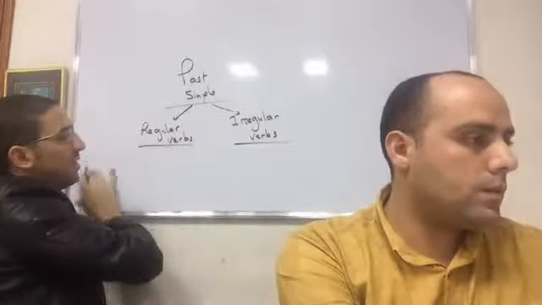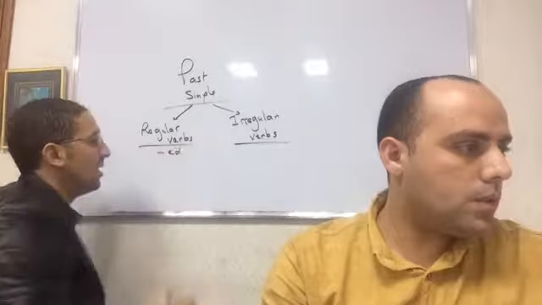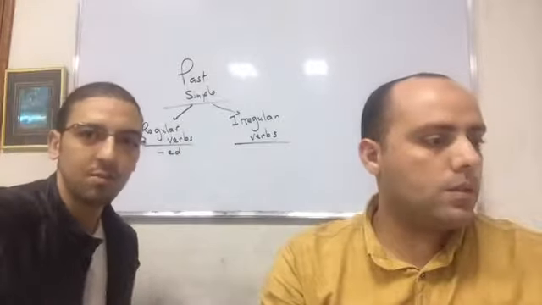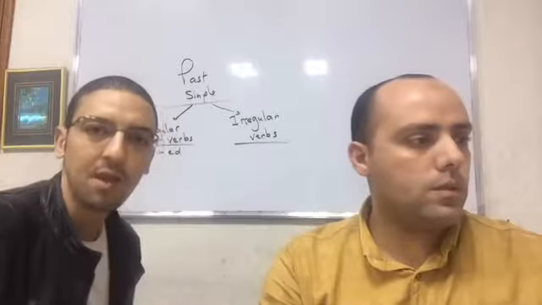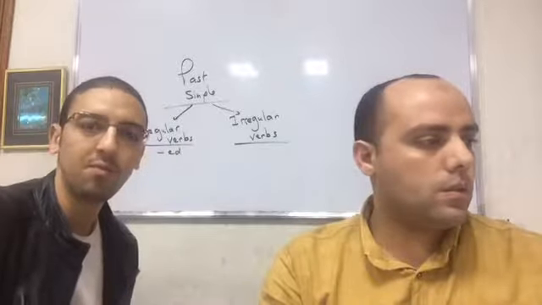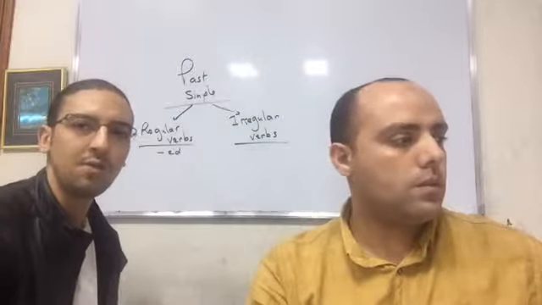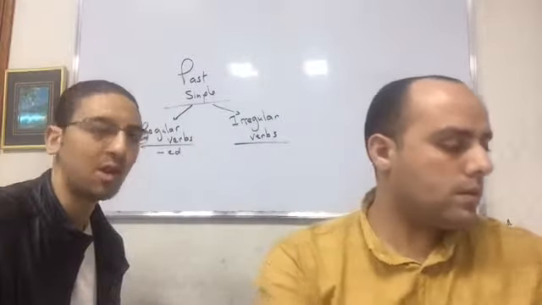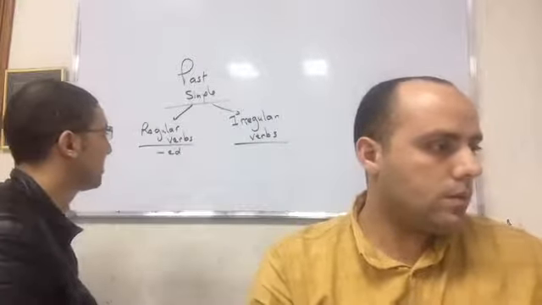And we don't have a problem with these here. Regular verbs are verbs that take ed in the past. And if you still remember, we saw the difference between regular verbs and irregular verbs when we talked about the past simple. The majority of verbs in English are regular verbs, and they take ed in the past.